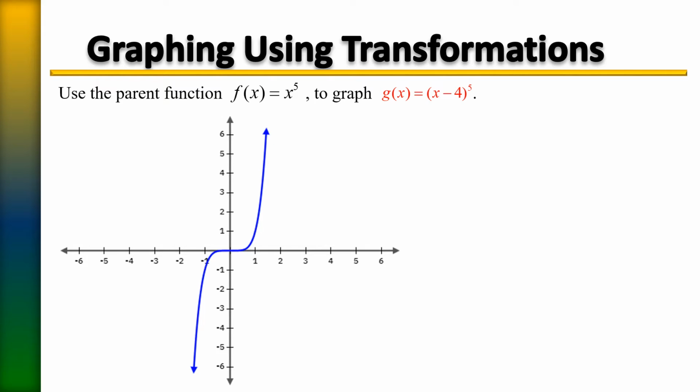So even though you may see minus 4 and think that you're going to go 4 units to the left, to the negative side, that is not so. In fact, you're going to be shifting the graph 4 units to the right. So when we graph our new function, g of x is going to look like so.